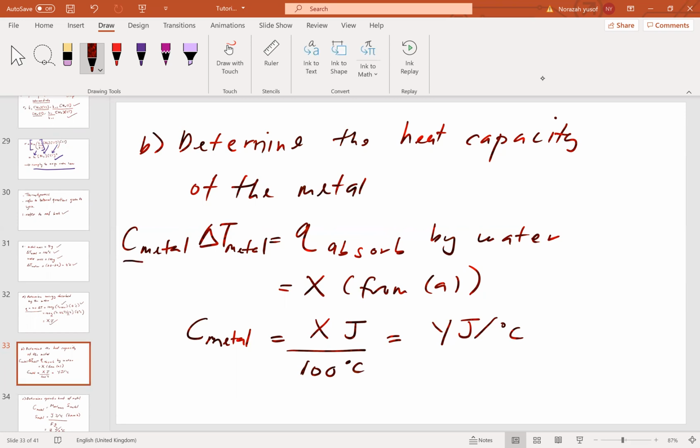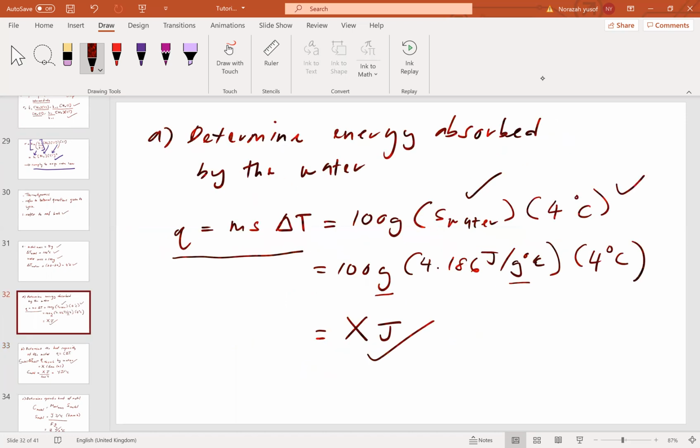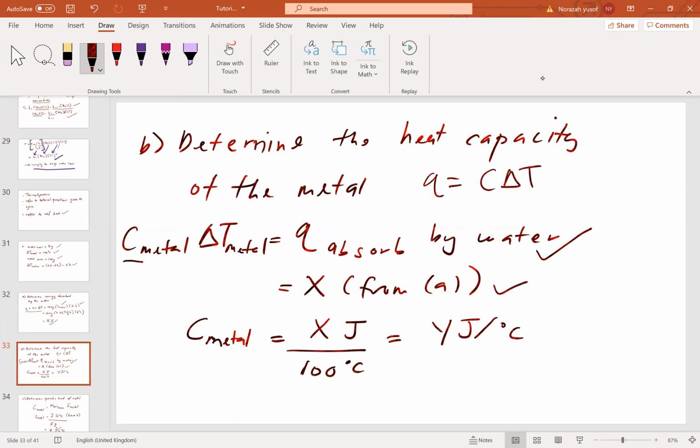The heat capacity is C, capital C. Remember Q is equal to C times delta T. So now we know that the heat from the metal, which is thrown into the water, is transferred to water, and the heat absorbed by water is determined in question A, and we know that the total heat is X. You have to calculate it by yourself, and from here, you can calculate the heat capacity of that metal by dividing X with the change of temperature of the metal, which is 100 degrees.